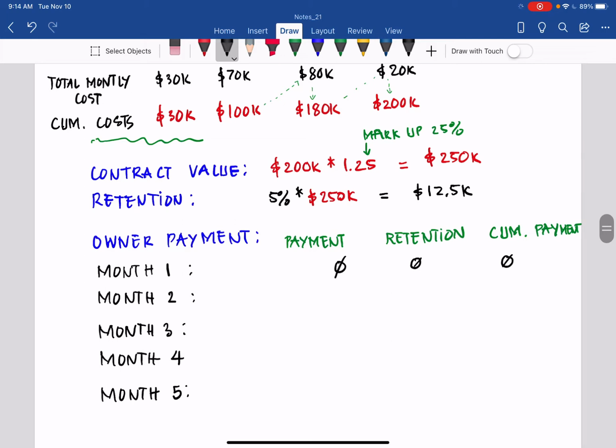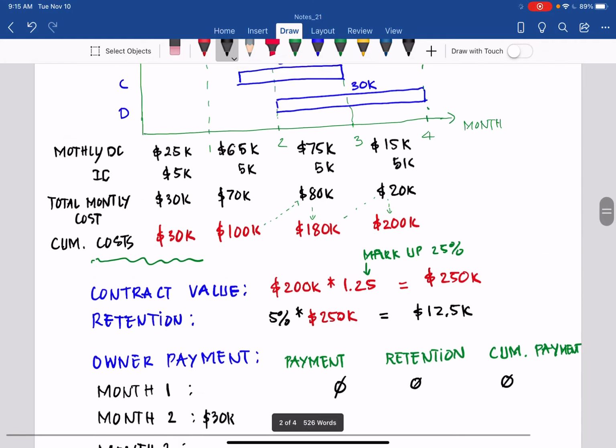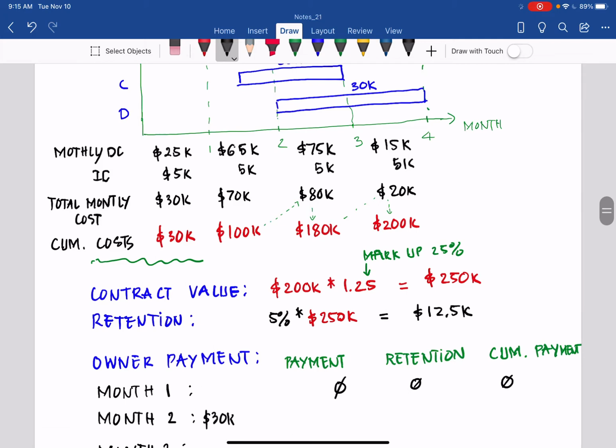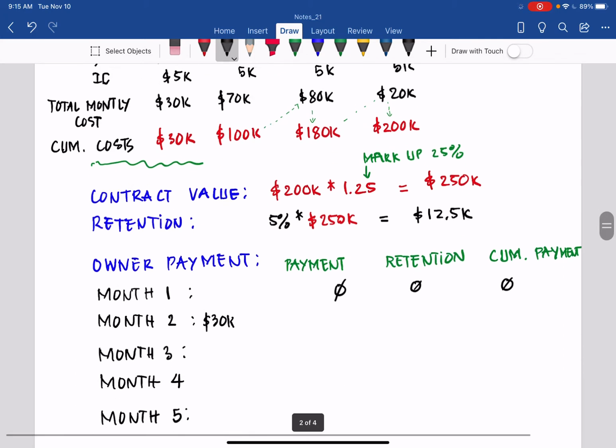That is the cost, because of the delay of 1 month. What the contractor spent at month 1 will be paid in month 2. That's why we see one here.